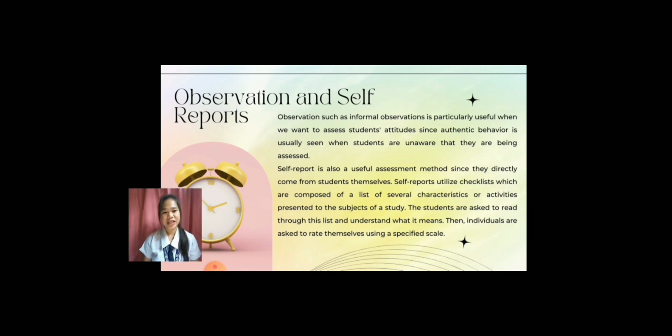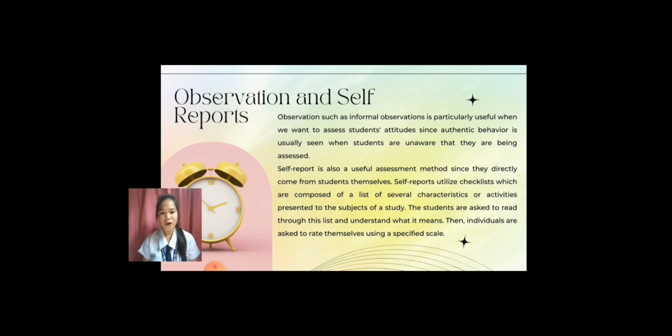Observation, such as informal observation, is particularly useful when we want to assess students' attitudes, since authentic behavior is usually seen when students are unaware that they are being assessed. However, as noted, this should only supplement objective examinations, and it is important to avoid deceit in assessing students.